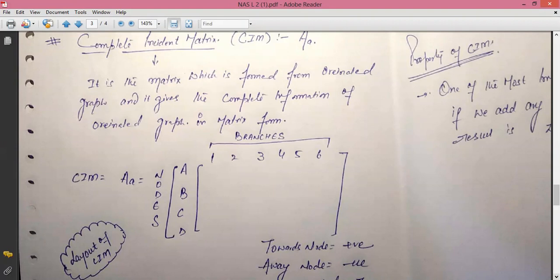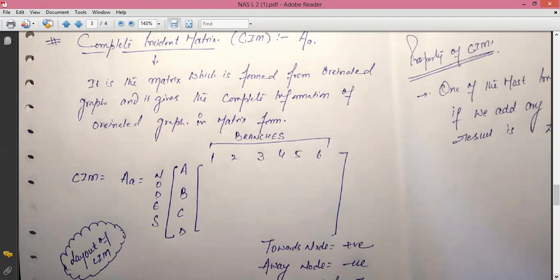And what do you mean by this complete incident matrix? Mind it, the complete incident matrix will be constructed from the oriented graph, and it provides the information about the oriented graph in a matrix form. So I can write down, it is the matrix which is formed from the oriented graph, and it gives the complete information about the oriented graph.